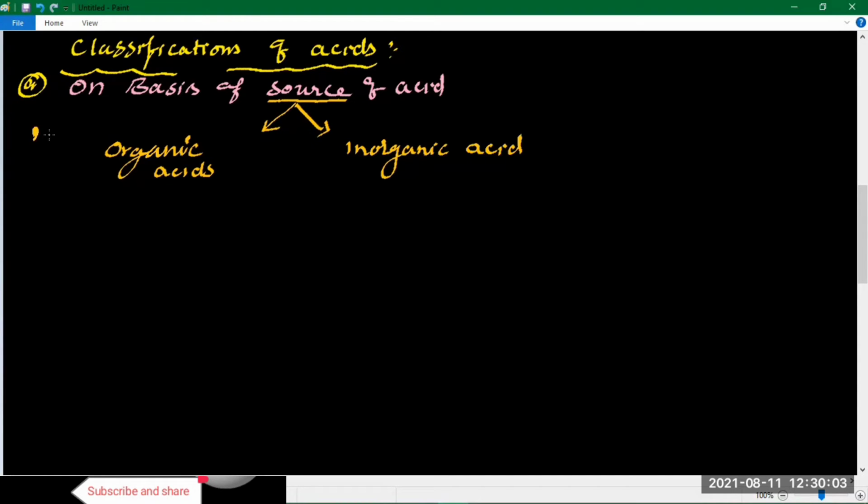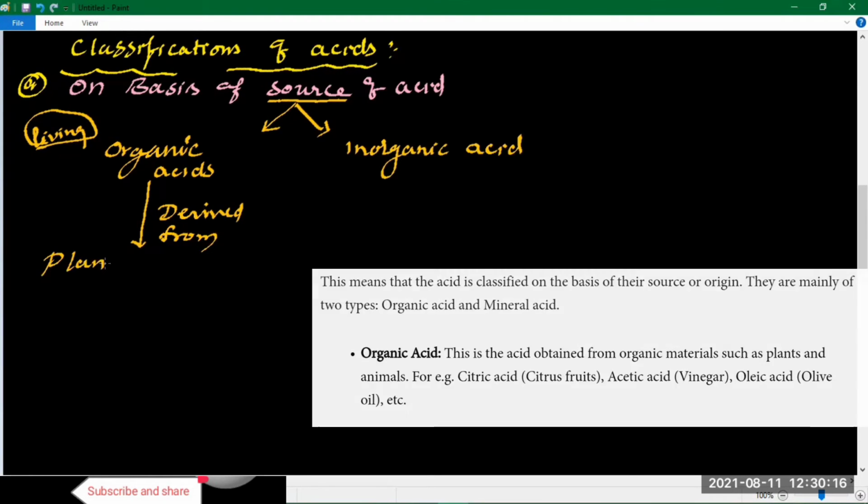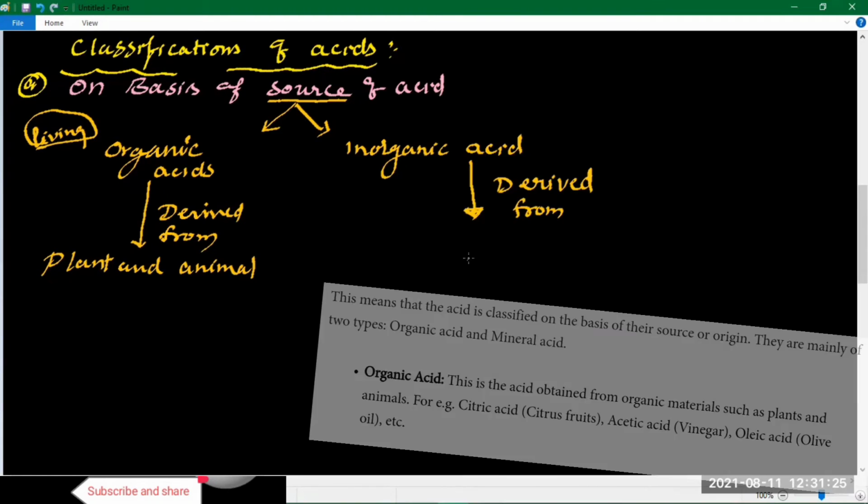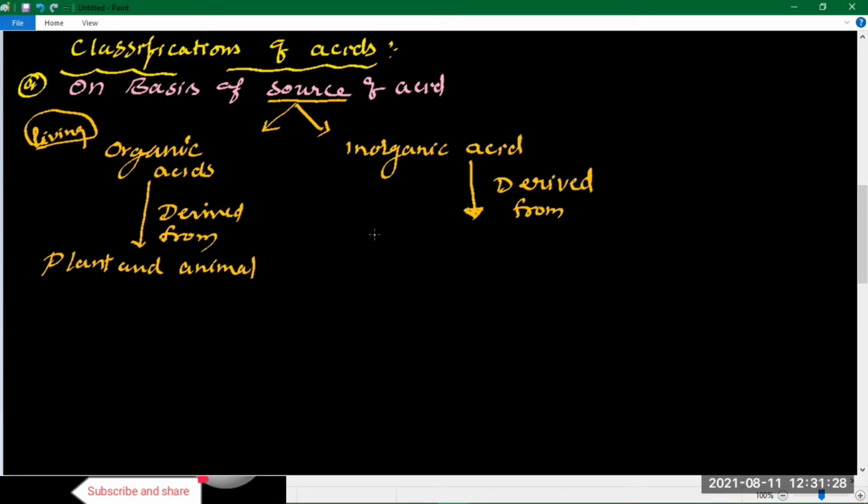Organic is nothing but living things. That means acids which are derived from plants and animals are called organic acids, and inorganic acids are derived from minerals and ores.